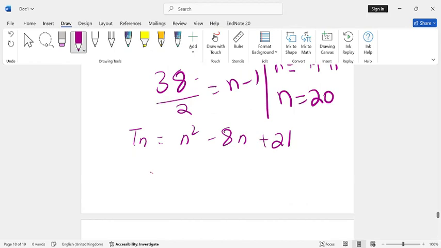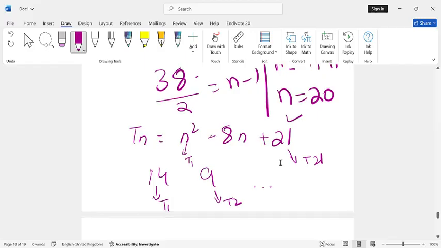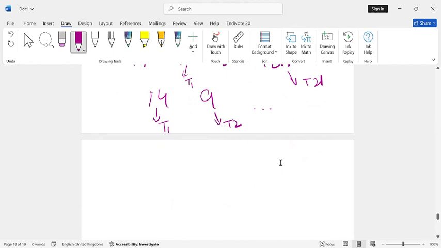We have a 14 and we have a 9, and we can say that this is T1 and this is T2, and up to T21, and so on we can write it like that. So I'm just substituting the value of n in this equation to get the value of Tn, okay? Because we have to find out T21, all right?